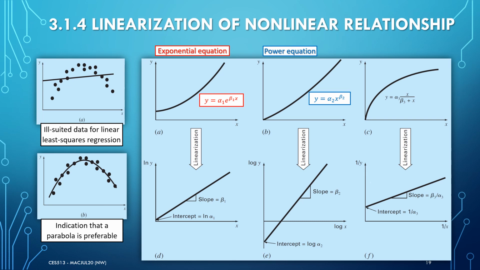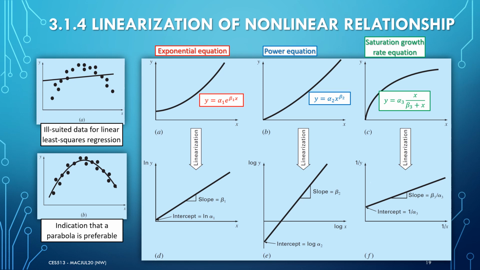The third one is the saturation growth rate equation, where alpha 3 and beta 3 are constant coefficients. This model represents a nonlinear relationship between y and x, as in figure C, that levels off as x increases.